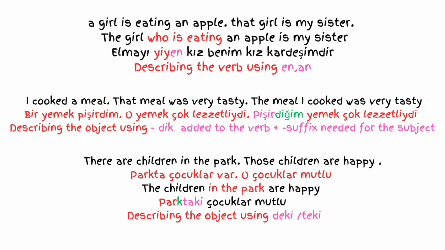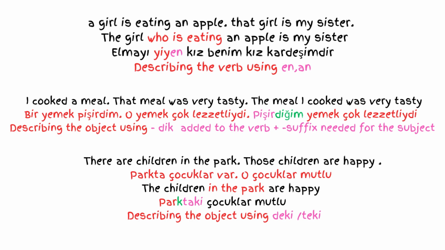I want to say it in Turkish. How to say it? I'm going to add the suffix di ki or te ki, depending on the alphabet. So it's going to be parktaki çocuklar mutlu.